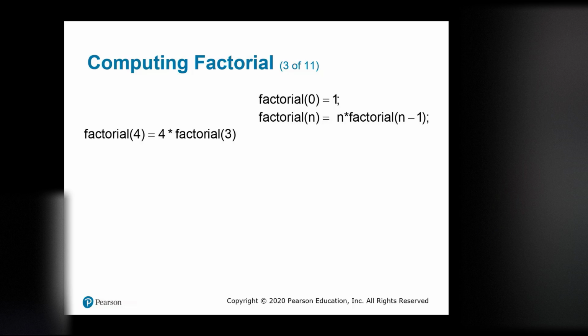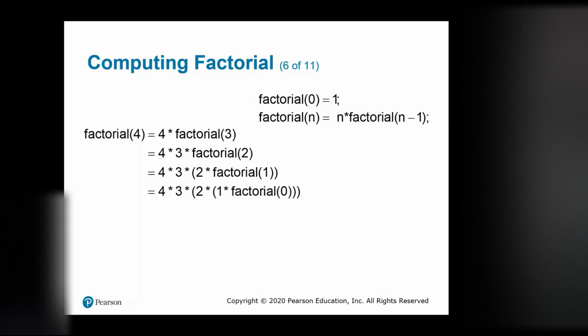Now again, this factorial 3 is going to call itself, and we are going to evaluate it as 3 multiplied by factorial of 2. Then factorial 2 will be 2 multiplied by factorial 1. Factorial 1 will be 1 multiplied by factorial 0.